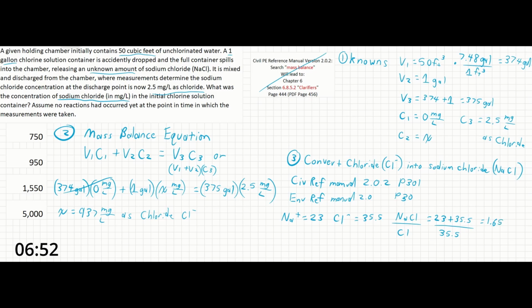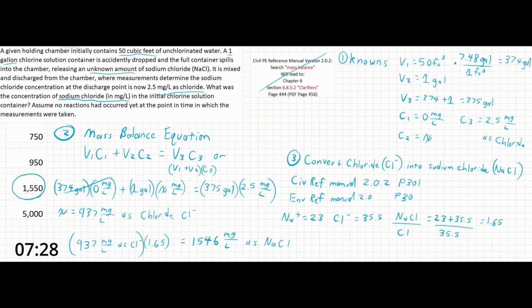So all we have to do now is multiply our 937 mg over L as Cl minus times 1.65 to get a new answer of about 1546 milligrams per liter as NaCl instead, which will be closest to our third answer in the list.